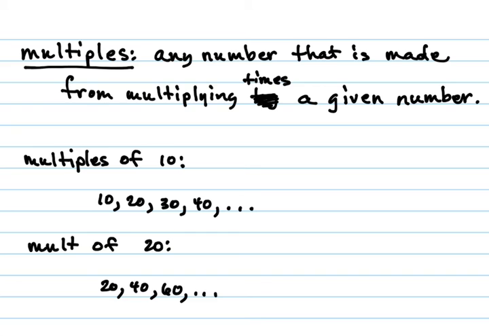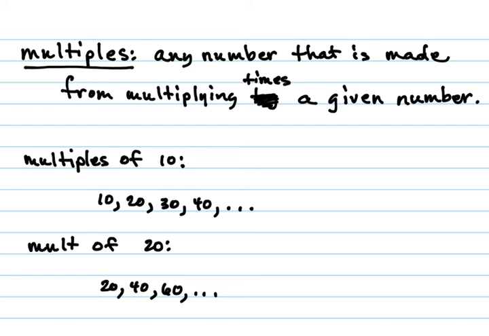All right? So, factors have a start and a finish. Multiples have a beginning, and it's always the number itself, right? Because it's 1 times the number. But they never end. So they never stop. And so those are what are called multiples.